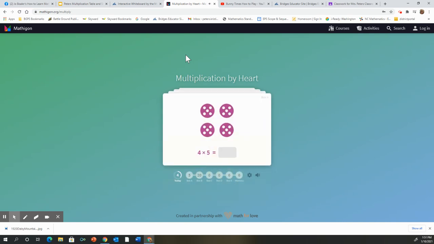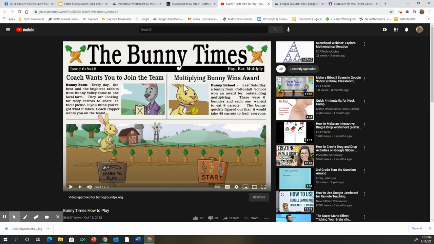So that is a resource I'm going to share with students. And then one I think that I kind of like better, although they're both equal groups, is called Bunny Times. I'm going to go ahead and just play a little bit for you, and then you'll get an idea of what I mean with effective practice.